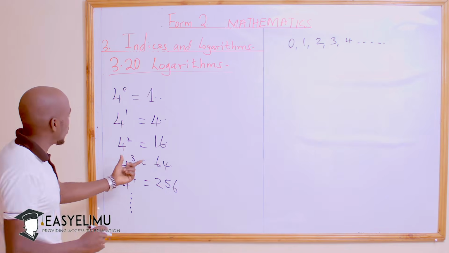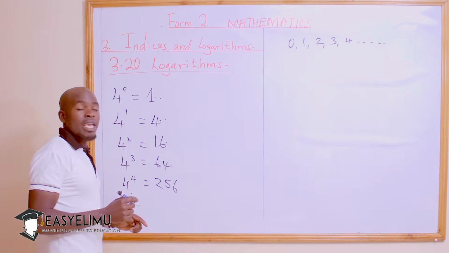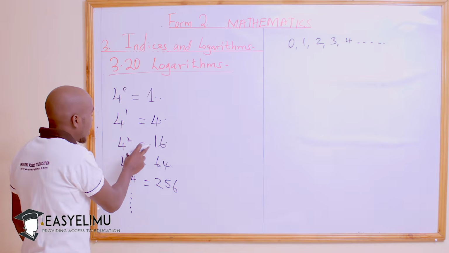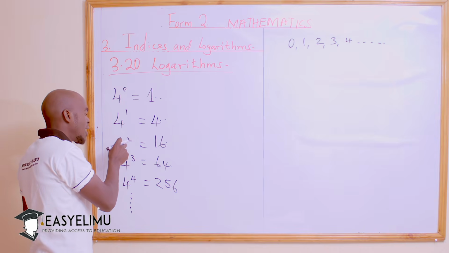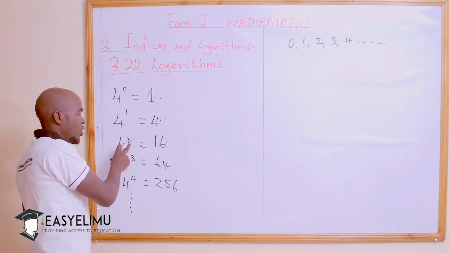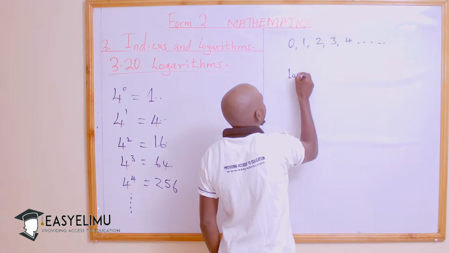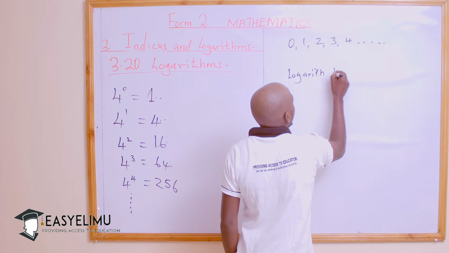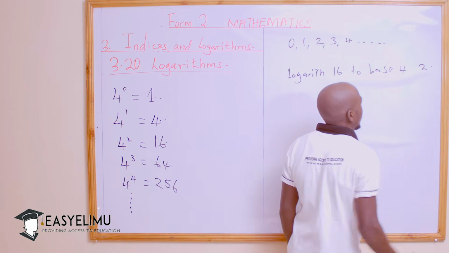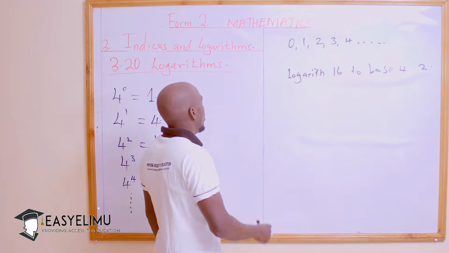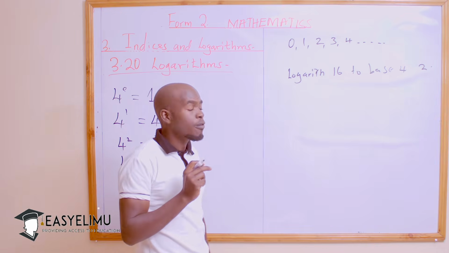So meaning that in case we take this one here, 16, we can say 2 is the number to which 4 must be raised to find 16. This is in index notation. So meaning that we have the logarithm of 16 to the base of 4, we shall find is 2. So the logarithm is 2 of the number 16 to the base of 4.